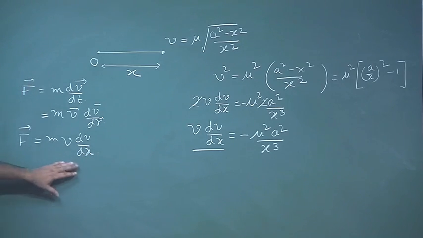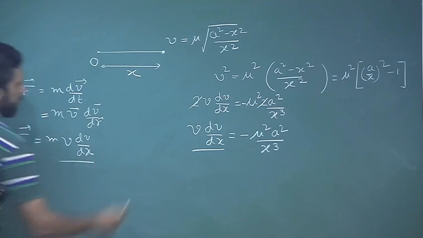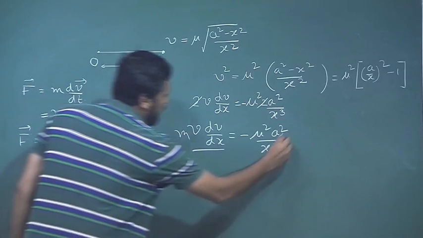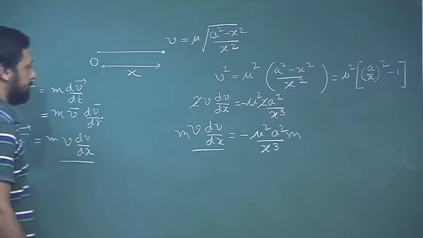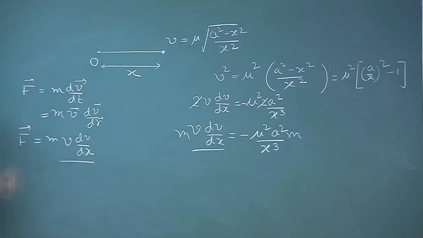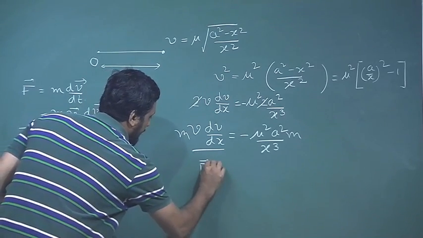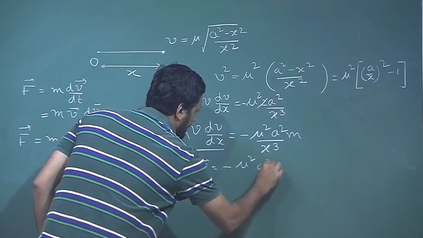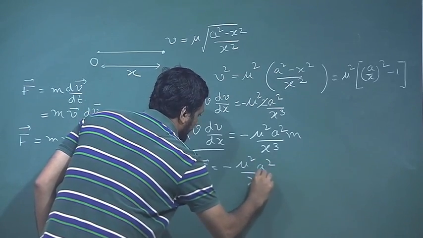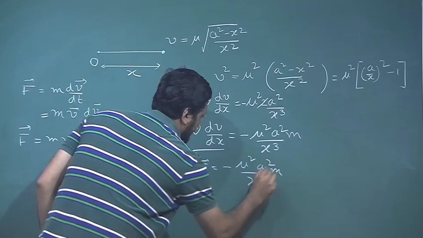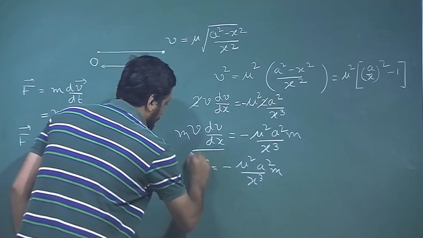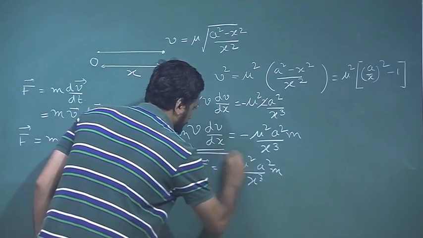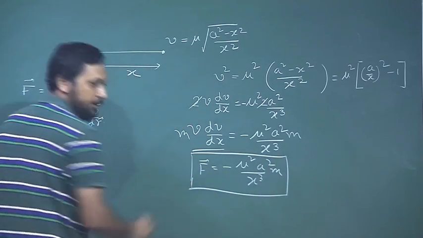Now, if we multiply this term with m, the mass of the particle, we can replace the left hand side with F, which will be simply minus mu square s square m by x cube. So, this is our final result.